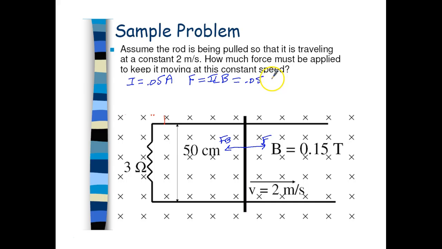We know that the length that we're working with here is this 50 centimeters, which would be 0.5 meters, and then we have a magnetic field of 0.15 Tesla. And so here we find out that our magnetic force then is equal to 0.00375 newtons. And that is the end of motional EMF.